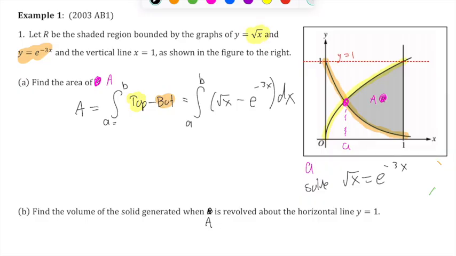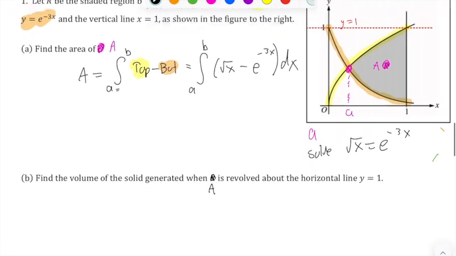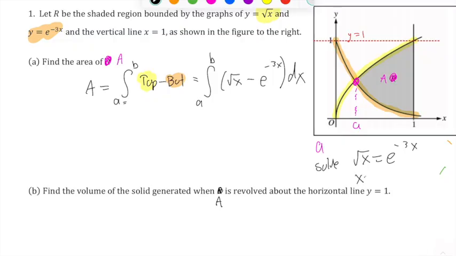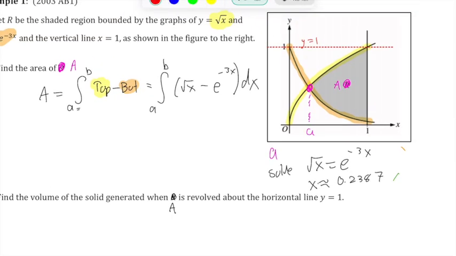And again, you'll do that by graphing each of them and finding where their intersection is. If you do this, you're going to get x is approximately equal to 0.2387. And we know our b, that's this boundary, that is x equals 1.